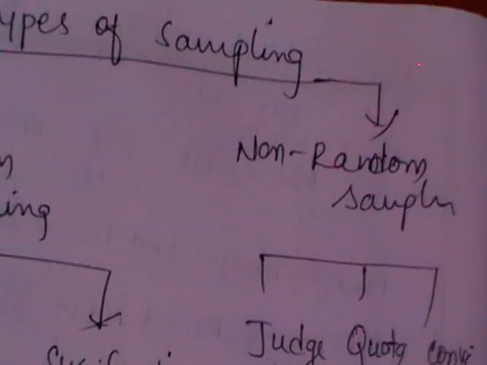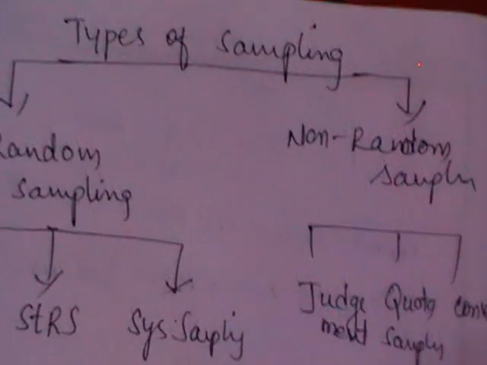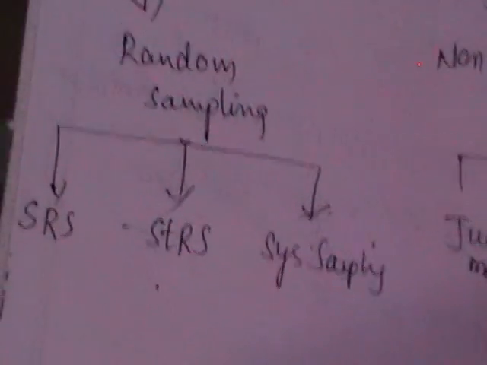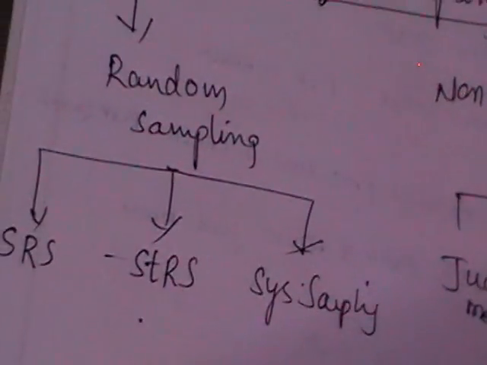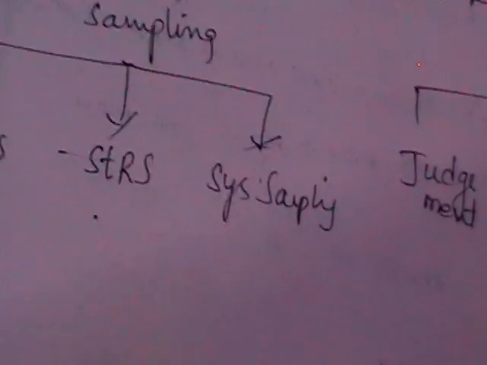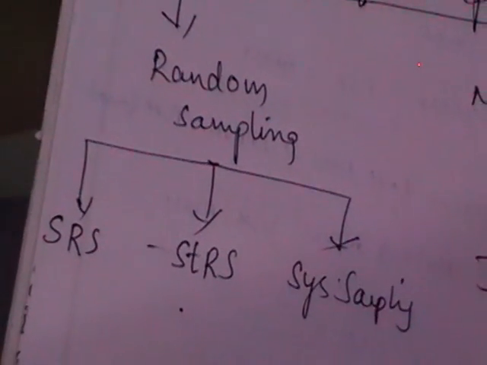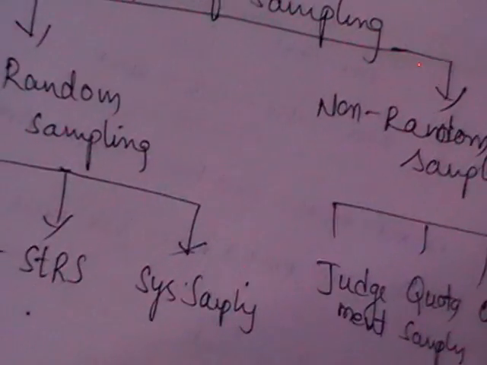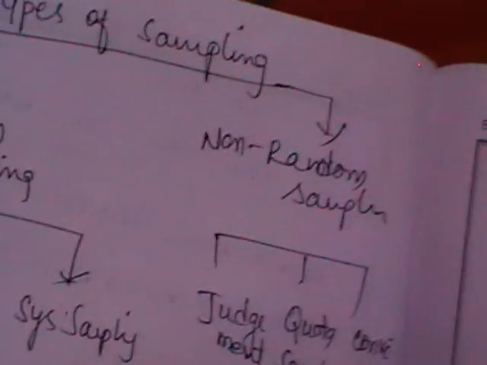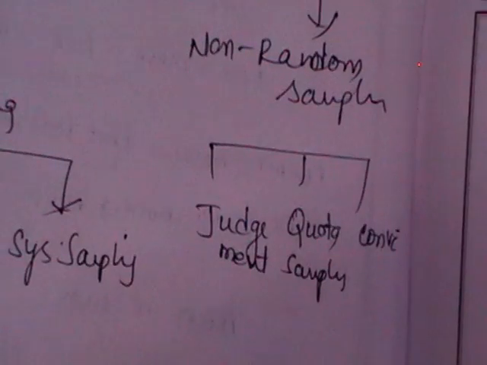Random sampling techniques are also called probability sampling techniques. The second one is non-random, or non-probability, sampling techniques. Random sampling is divided into simple random, stratified random and systematic sampling. Non-random is classified into judgment, quota and convenience sampling.